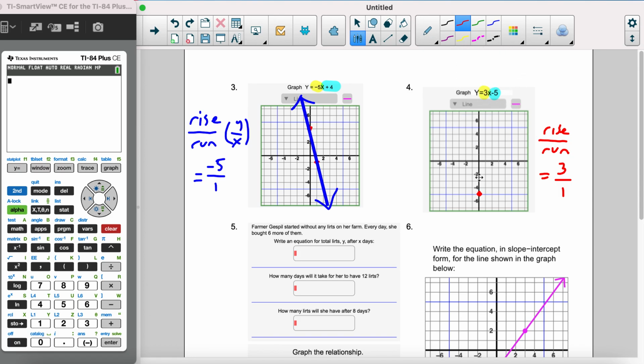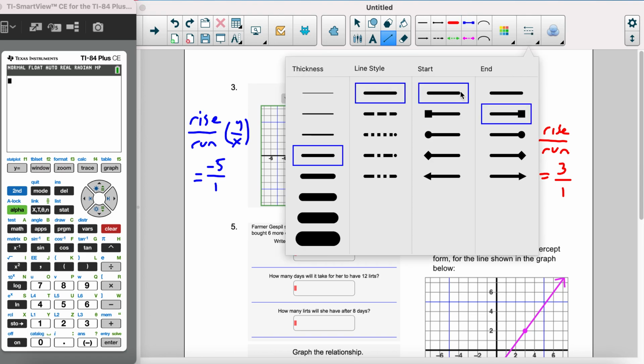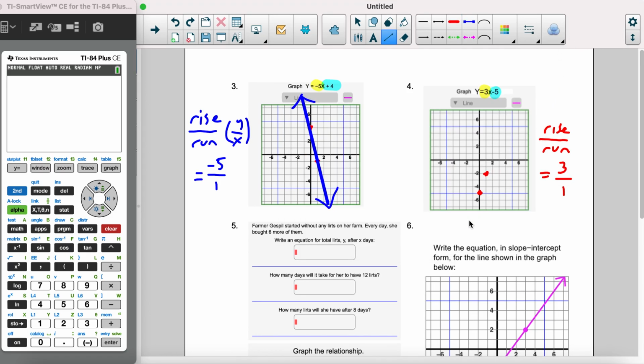I want to go up 3. So 1, 2, 3. And then I go to the right 1. There we go. And again, I'm going to try to make that look as realistic as possible. On GMM, it'll fill it in for you automatically. And all you need is 2 points to graph a line.